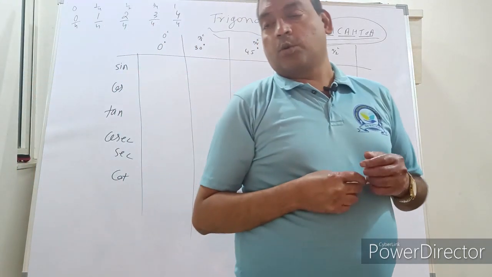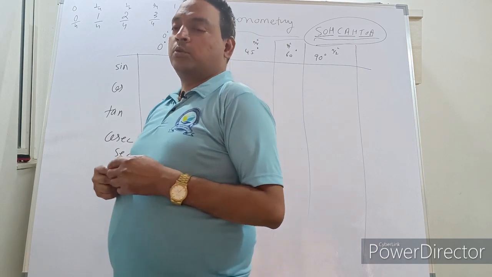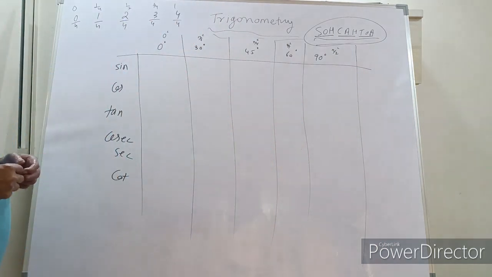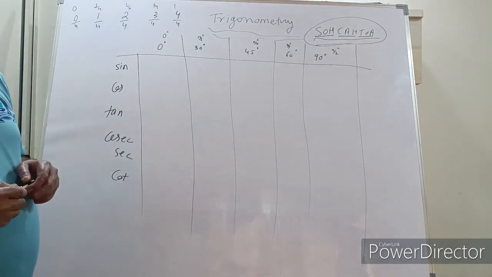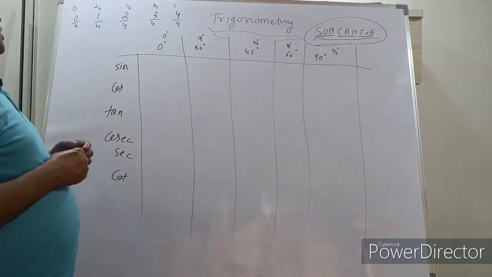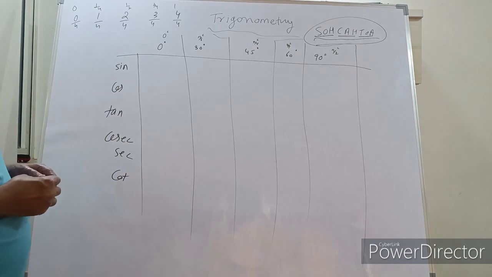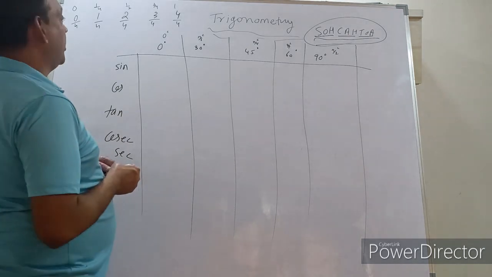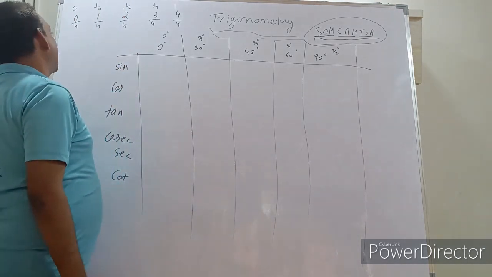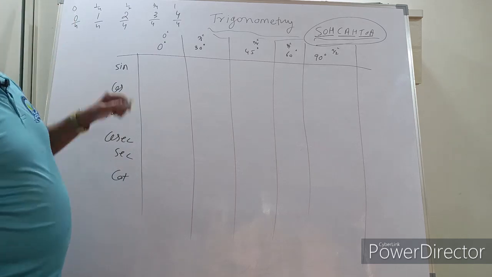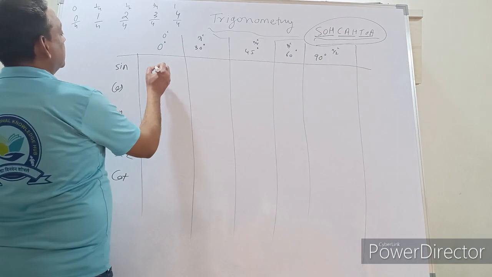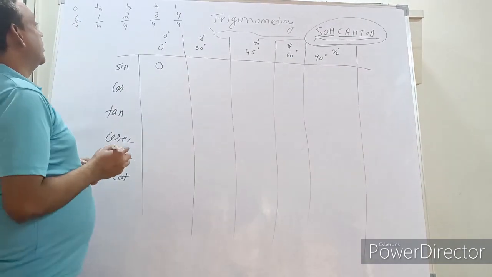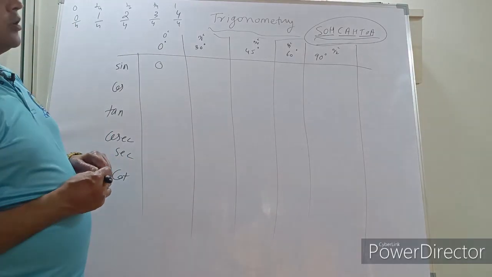What we did here? We simply wrote 0, 1, 2, 3, 4. Then divide by 4. If you divide by 4, you get 0, 1 upon 4, 1 upon 2, 3 upon 4 and 1. Then take the square root of this. The square root of 0 is 0.